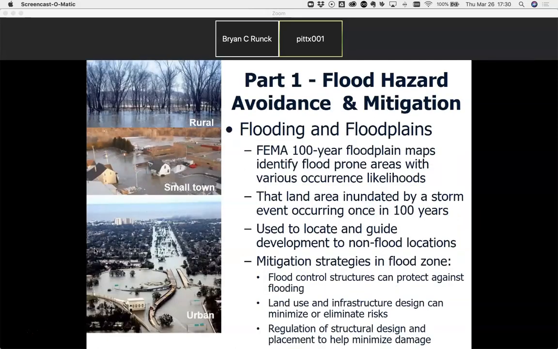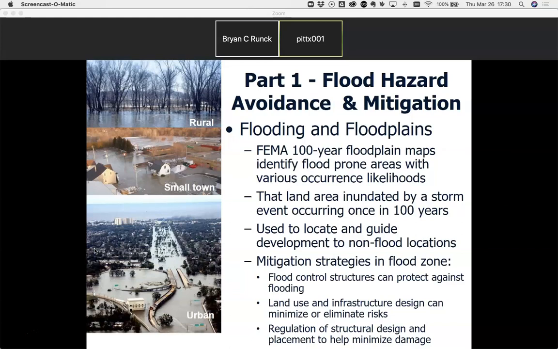In the first part of the discussion, I want to talk about flood hazard and talk about avoidance and mitigation of flood hazards. The Federal Emergency Management Agency, or FEMA, produces a series of what are called 100-year floodplain maps, which identify flood-prone areas with various occurrence likelihoods.